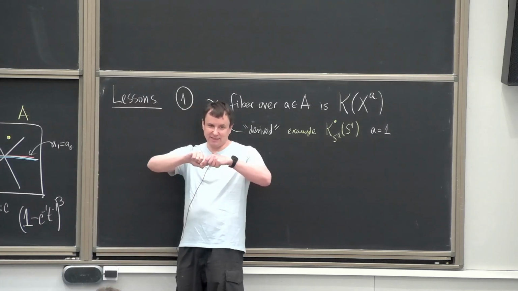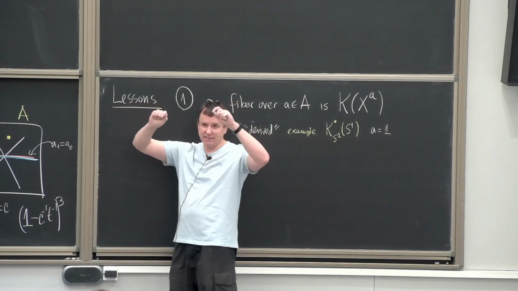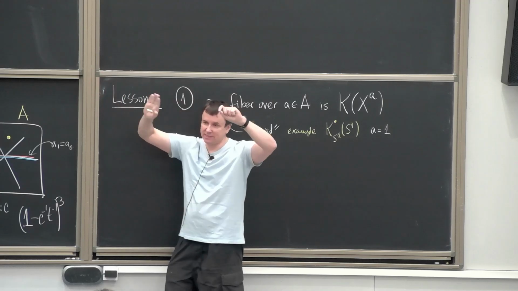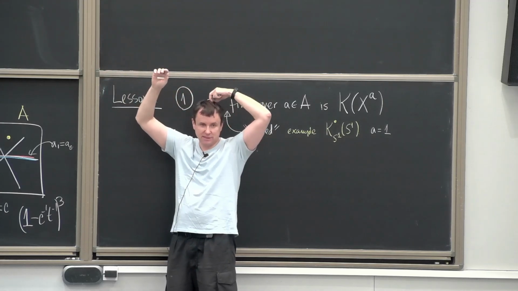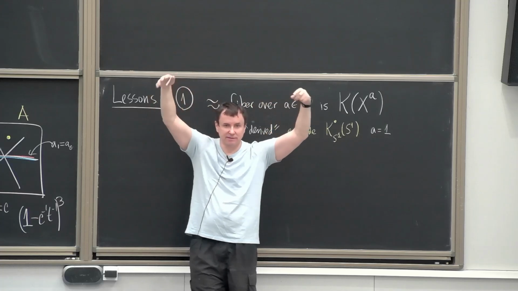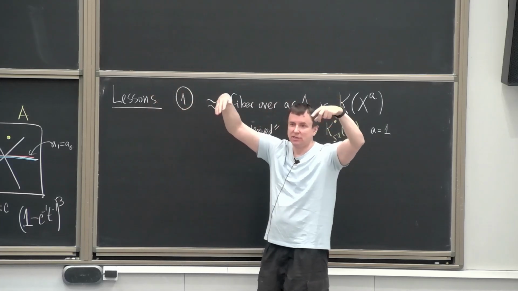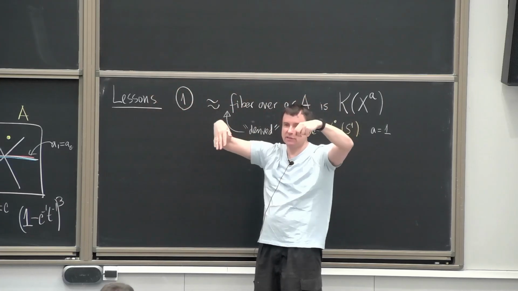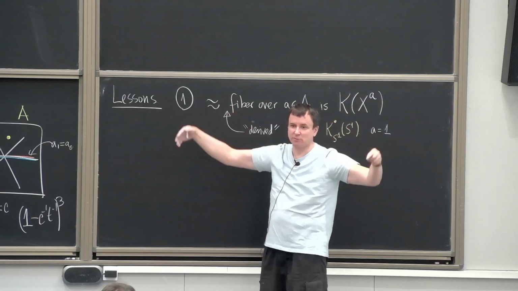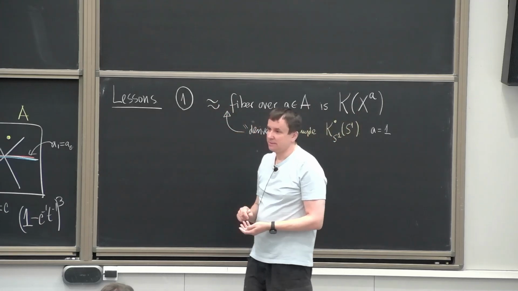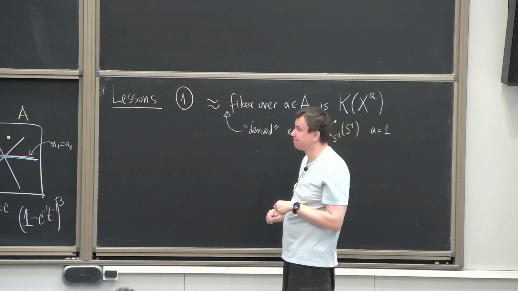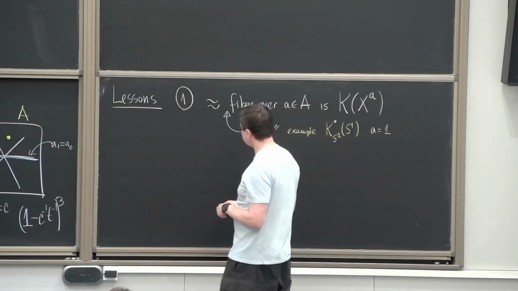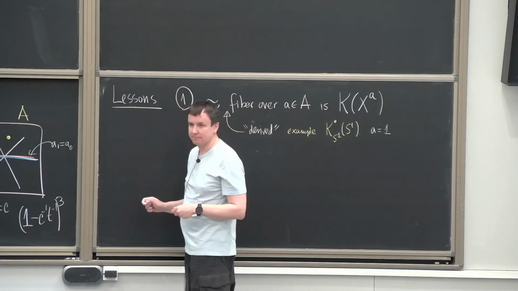It says that the equivariant K-theory packages, in some sense, the K-theory of all fixed loci. In general, any kind of equivariant geometry should remember the ordinary geometry of fixed loci of all subgroups. Okay, that makes sense?